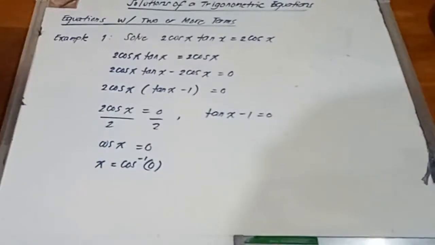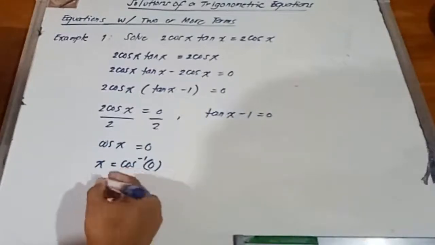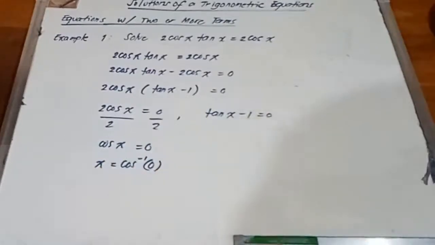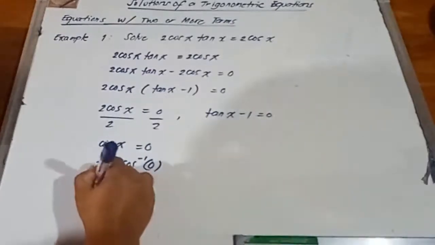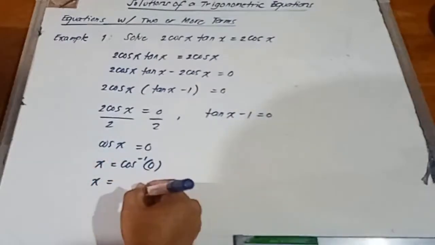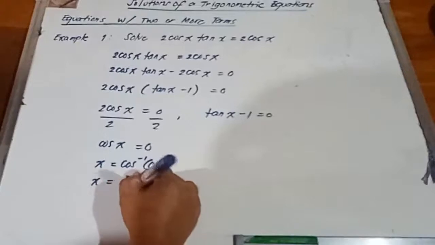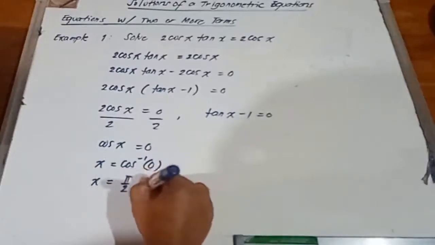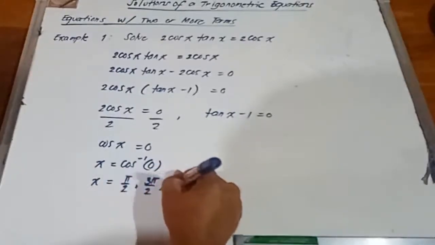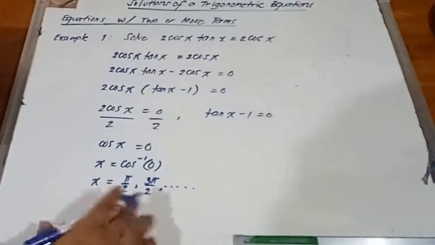So, magiging 0 lang siya kapag yung terminal side ay nasa positive y-axis and negative y-axis. So, therefore, dalawang possible solutions from the interval of 0 to 2 pi. Pwedeng pi over 2 or 90 degrees and 3 pi over 2. Madami pa.